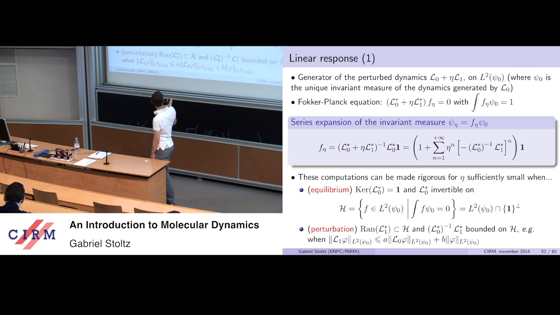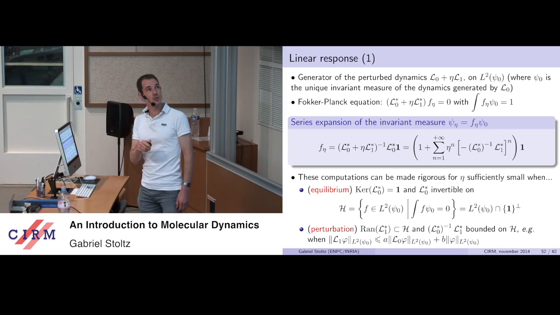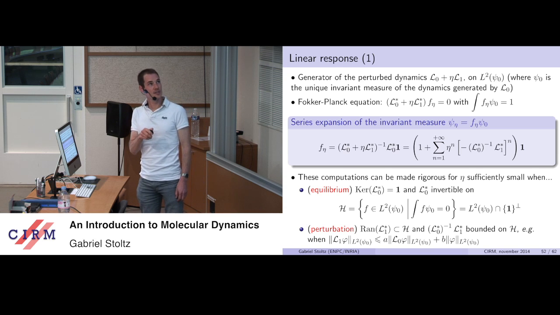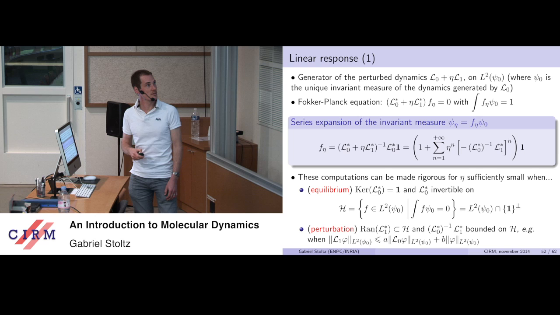And then there are terms of order eta, eta squared, and so on, given by these iterated powers of the operators. One way to make sure that this series makes sense is to make sure that this operator here is bounded. Then it has a finite spectral radius, and you can take eta to be as large as the inverse of the spectral radius.